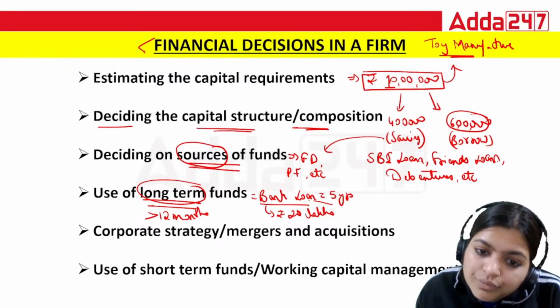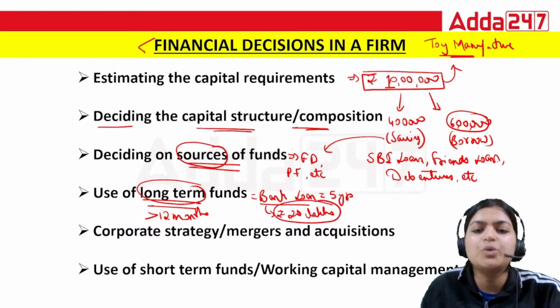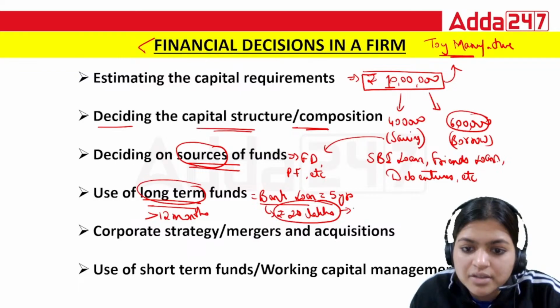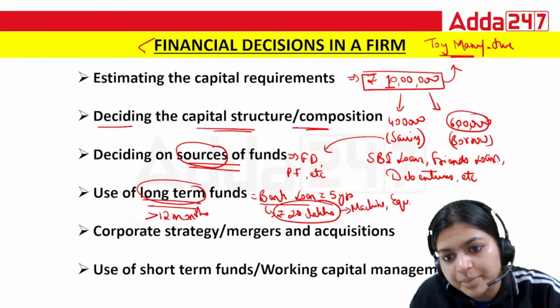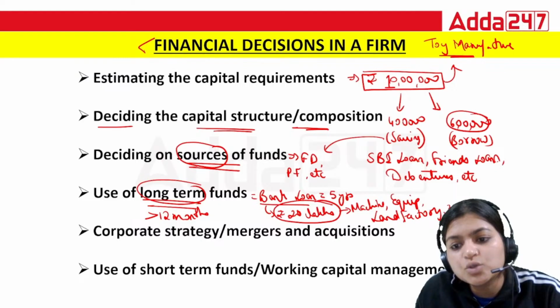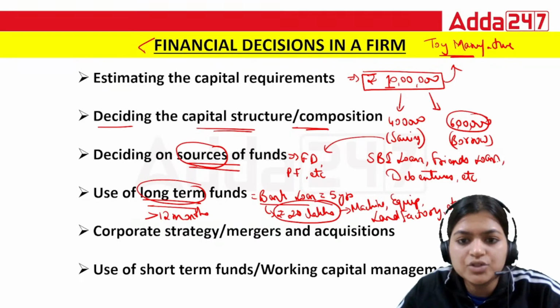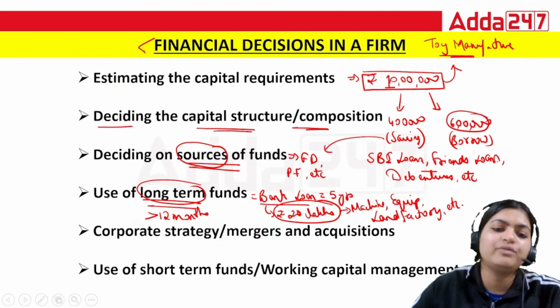What are the uses of this 20 lakhs? You will purchase machines, purchase equipment, acquire land and a factory. So this is your use of long-term funds.